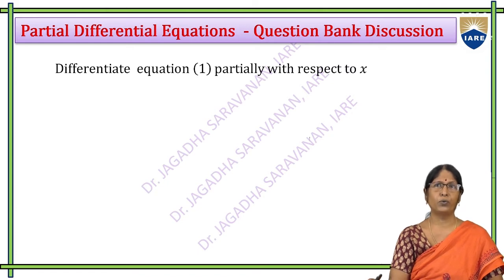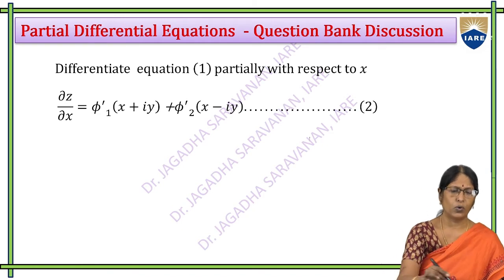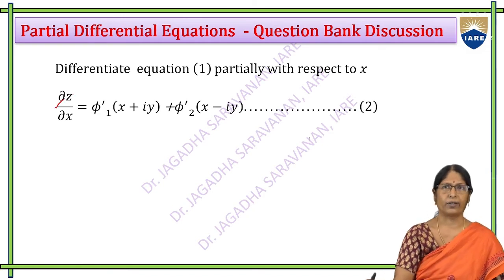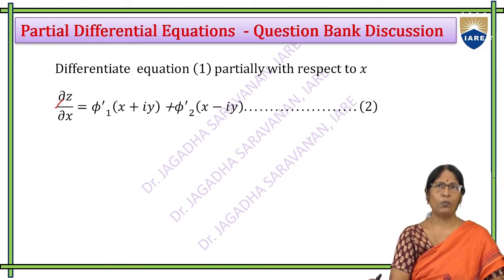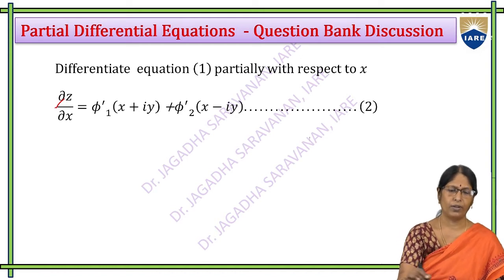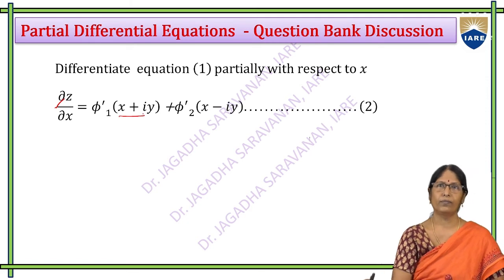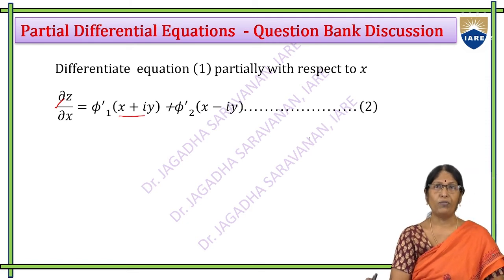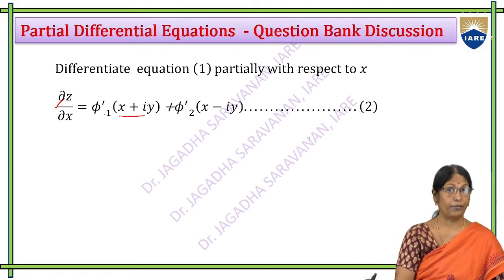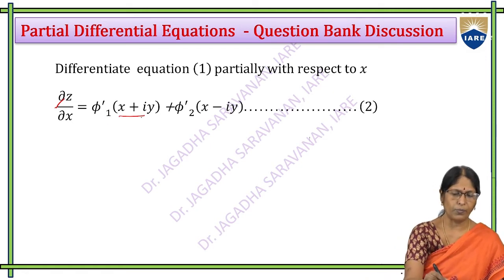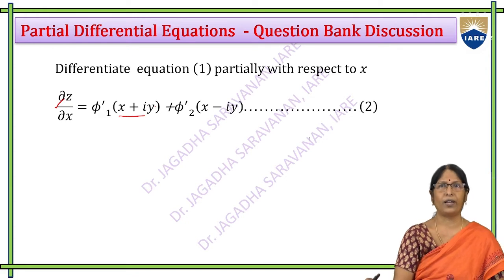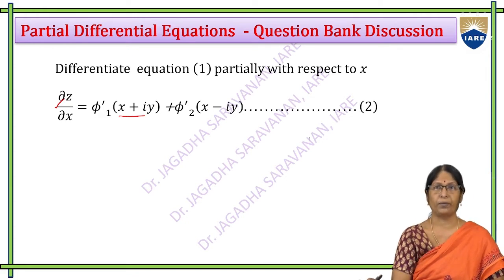So we have to differentiate partially with respect to x. So dou z by dou x. The differentiation of phi1 is phi1 dash of that term, which is defined in terms of x and y.